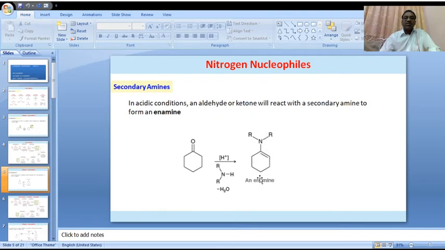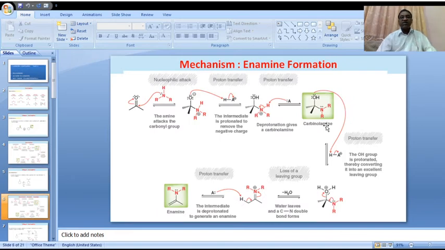The same aldehydes or ketones undergo reaction with the secondary amine in the presence of acid to form an enamine. For this reaction we'll discuss the mechanism, a clear-cut mechanism.